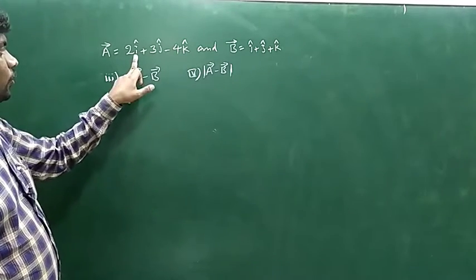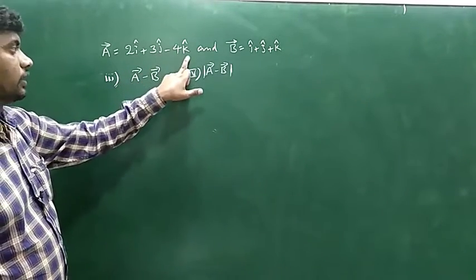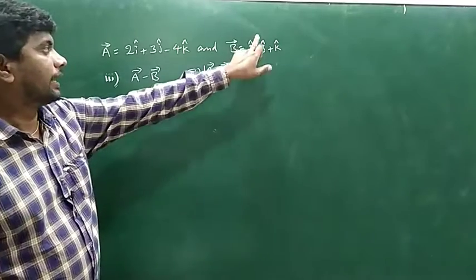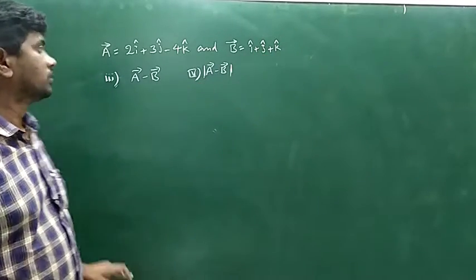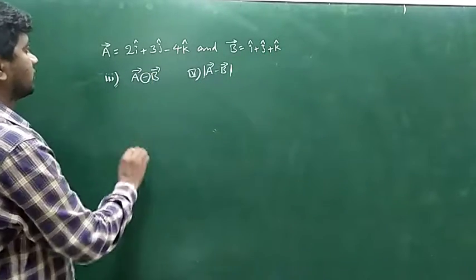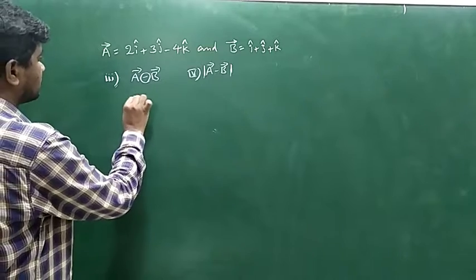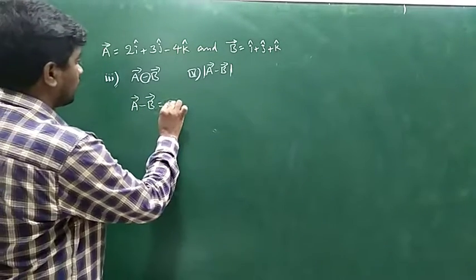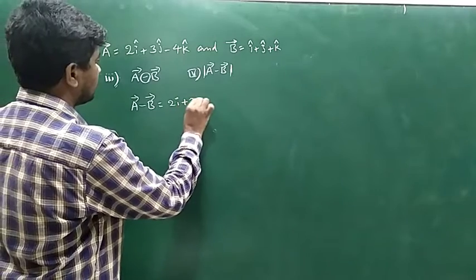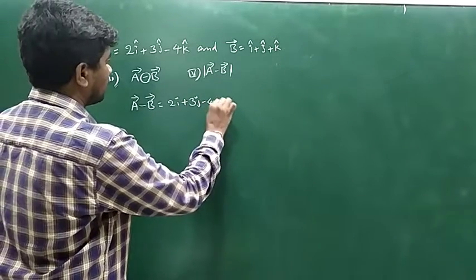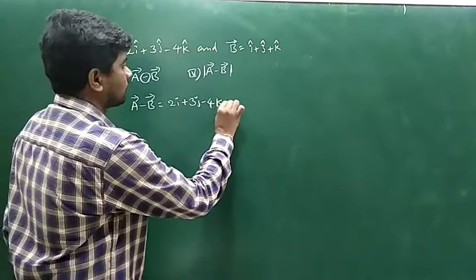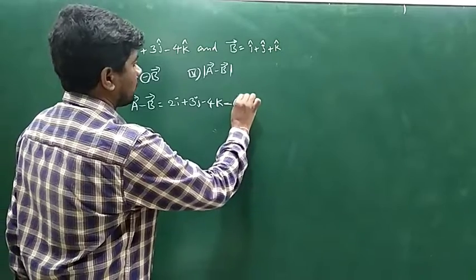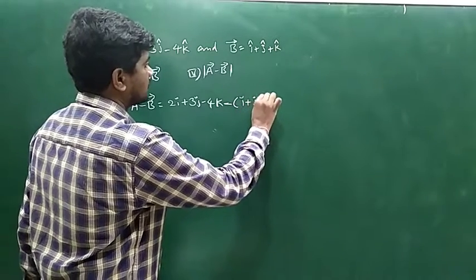A bar equals 2i plus 3j minus 4k. B bar equals i cap plus j cap plus k cap. The symbol is subtraction. So a bar minus b bar equals 2i plus 3j minus 4k, minus of i plus j plus k.